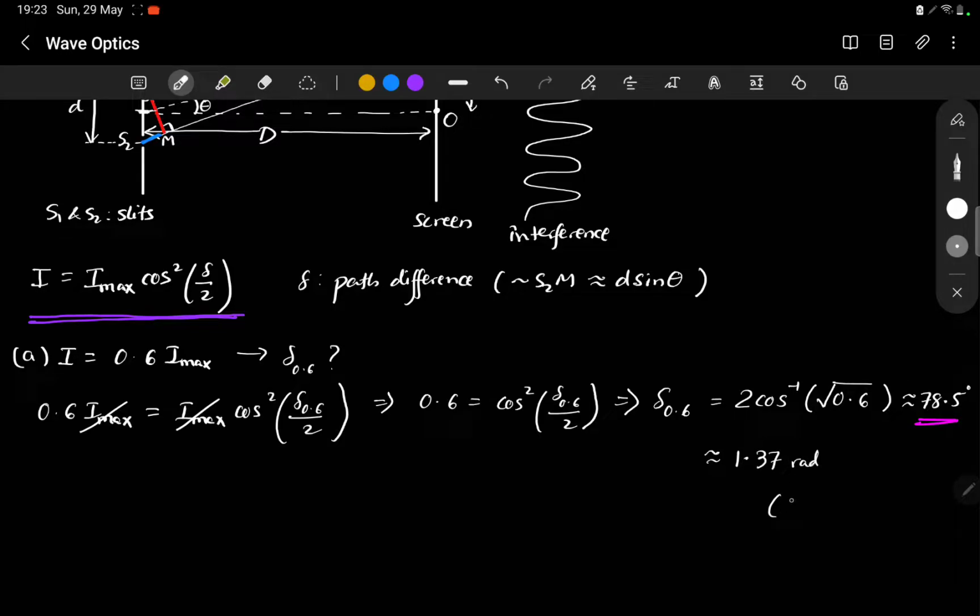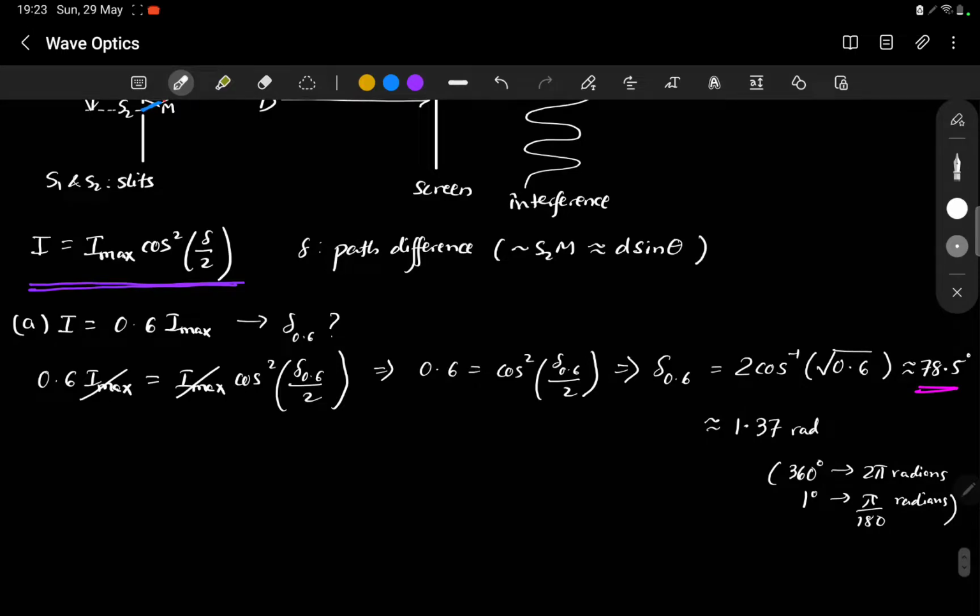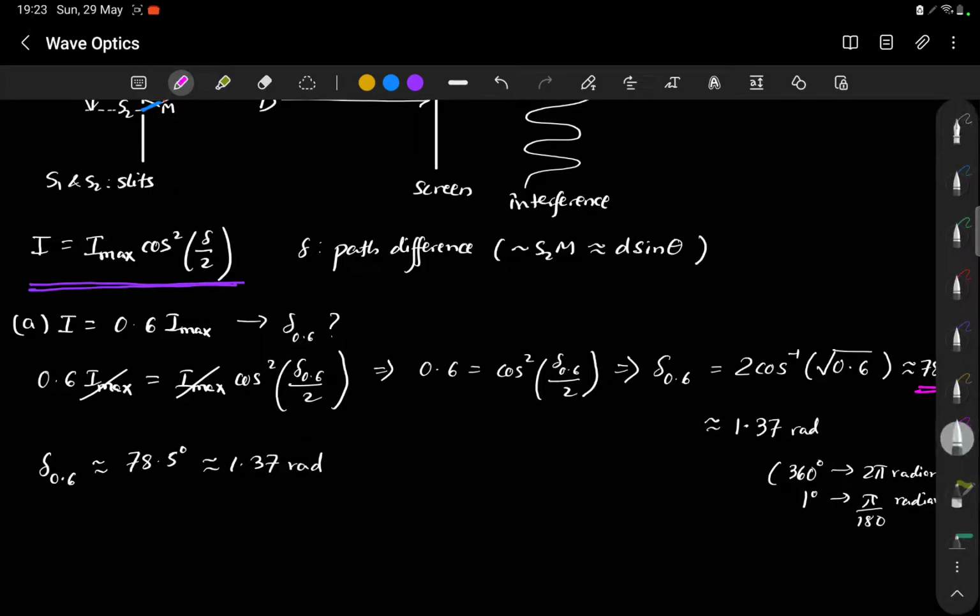The conversion formula is 360 degrees is 2 pi radians, so 1 degree is pi over 180 radians. So our final answer is that the phase difference for 60% intensity is approximately 78.5 degrees, which is approximately 1.37 radians. This solves part A.